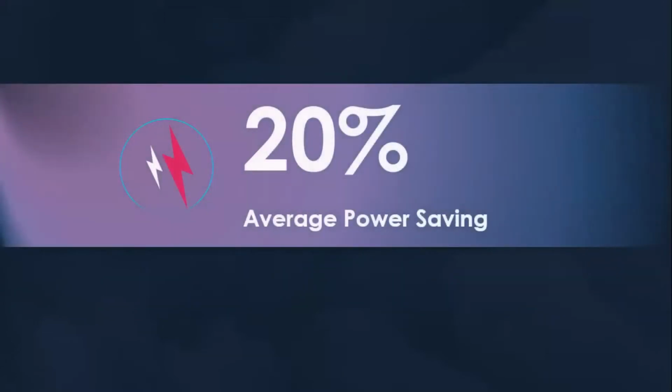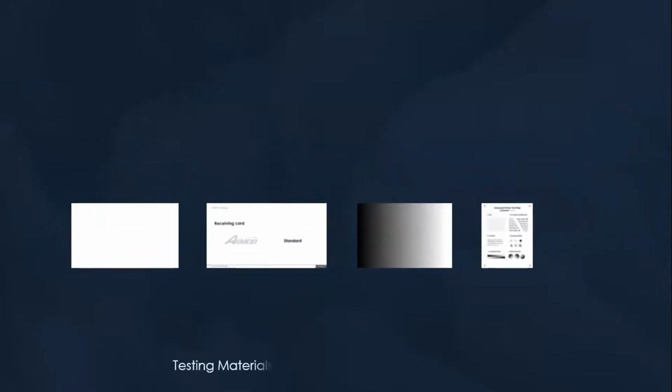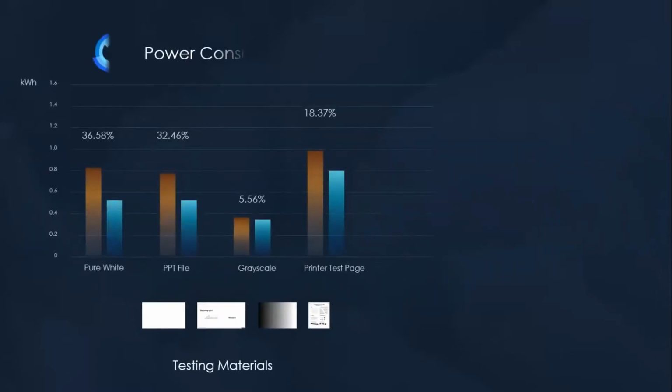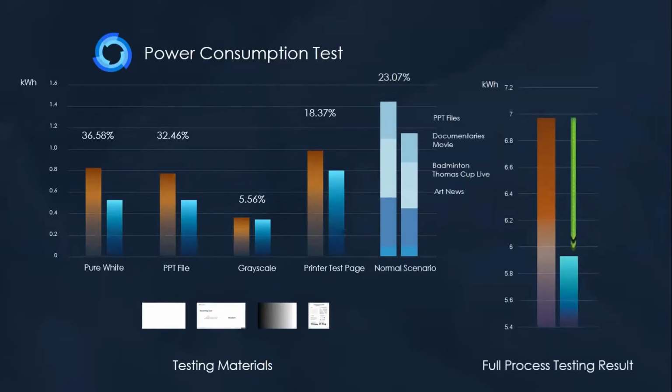In addition to that, it can also reduce the power consumption of your LED screens by around 20%. We did a test with some commonly used material, such as pure white, PowerPoint files, grayscale gradient, and printer test page, and finally came to this result. It's amazing. We also tested with some video types that are frequently played, such as documentary films, sports, and news reports.